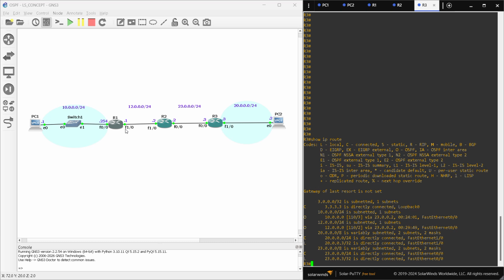Since the routing tables have no information other than their own, we are unable to ping any of them.